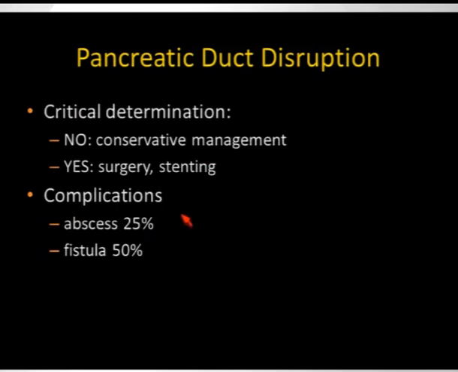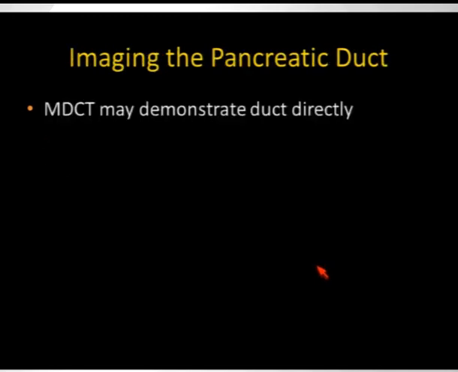And the reason is, if it goes undetected, delayed complications would include abscesses and fistulas, and these patients often require very long hospital stays, and delayed mortality is a very frequent complication of undetected pancreatic trauma.